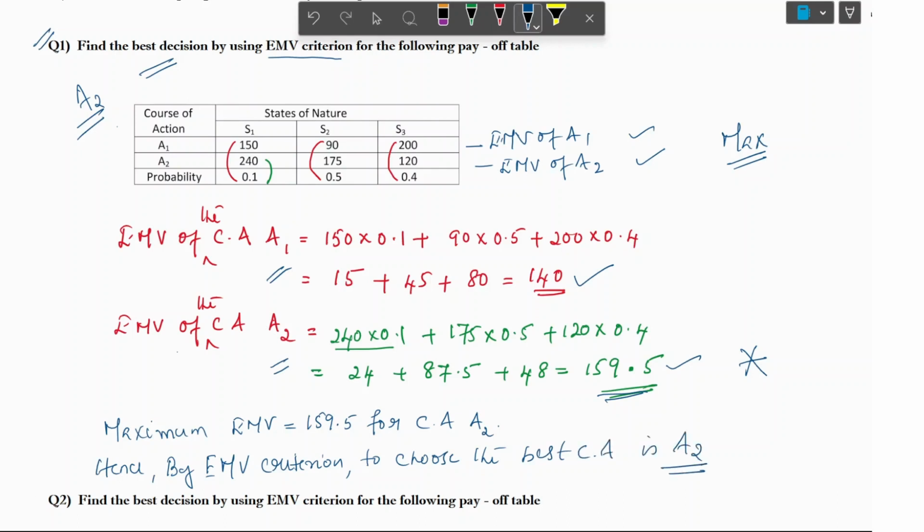So this is the way you are going to do. First, calculate each and every course of action, you calculate EMV, that is expected monetary value.